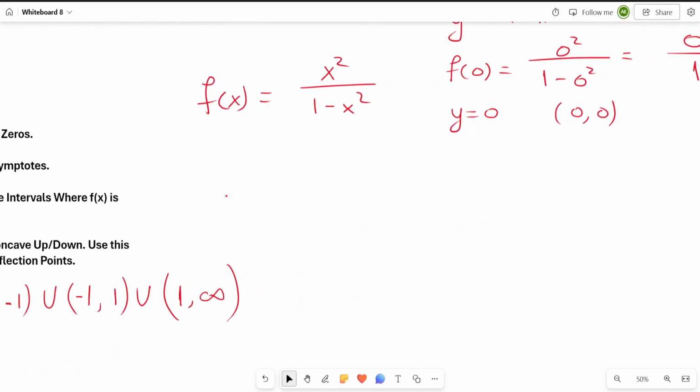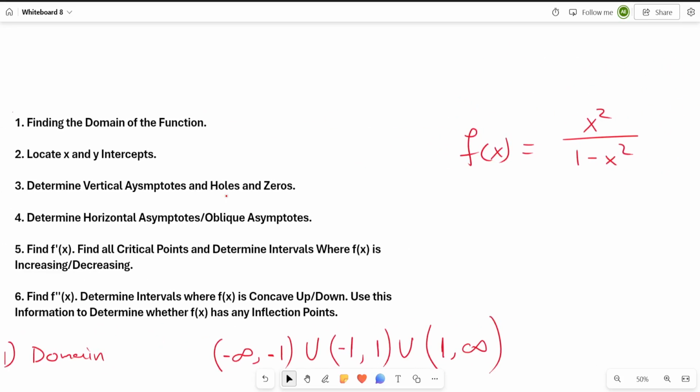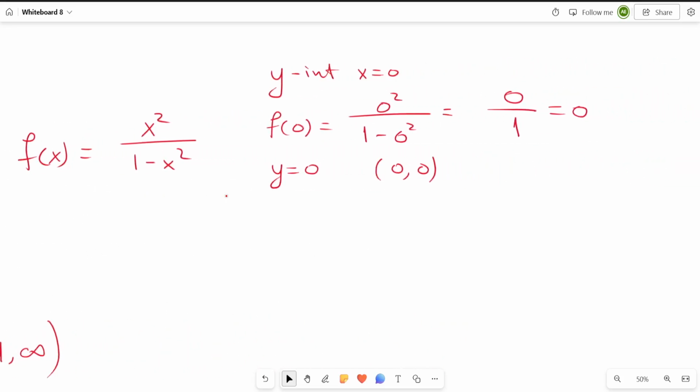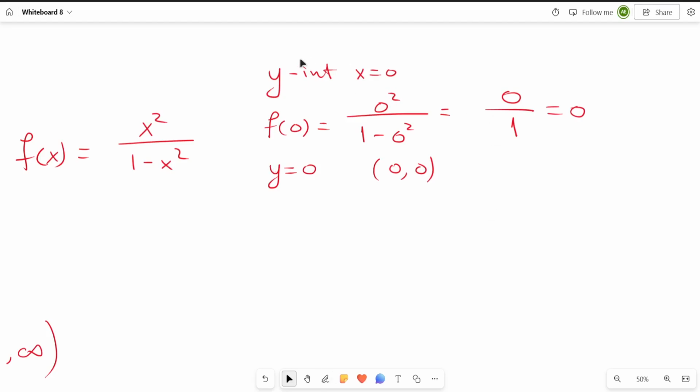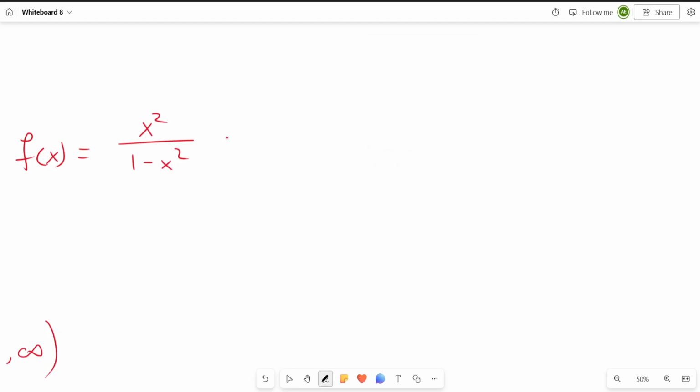Let's check if we have any other x-intercepts, or basically solutions or zeros of the function. So to get the x-intercept, we need to put y as 0. So y is basically f of x. So 0 equals x squared over 1 minus x squared. So what I can do here is multiply both sides by 1 minus x squared.